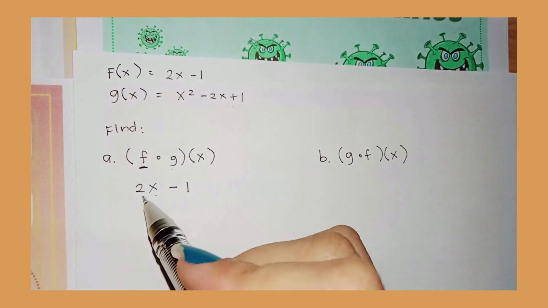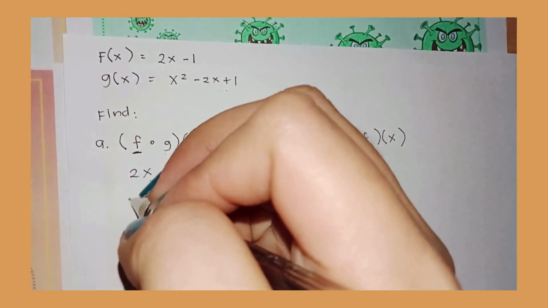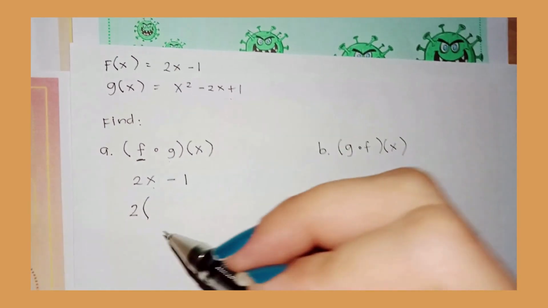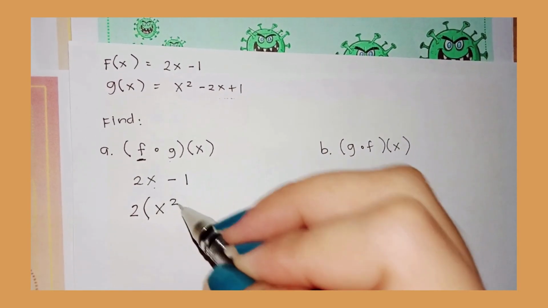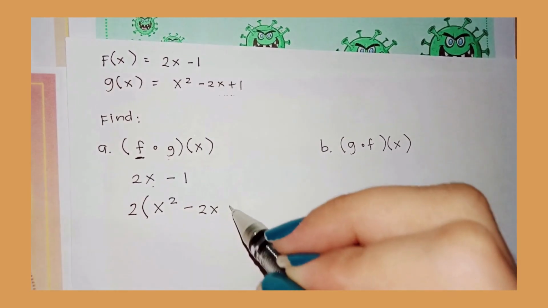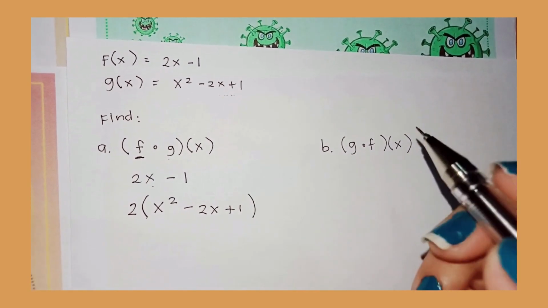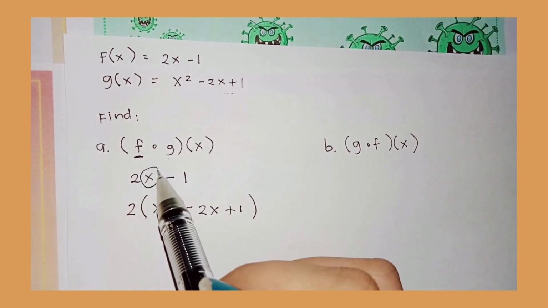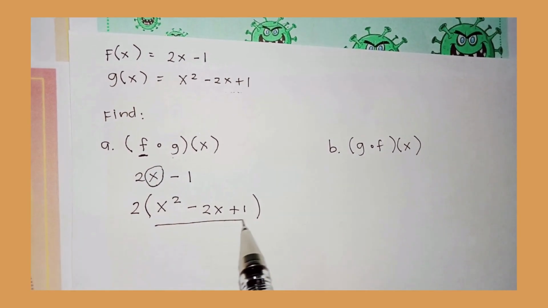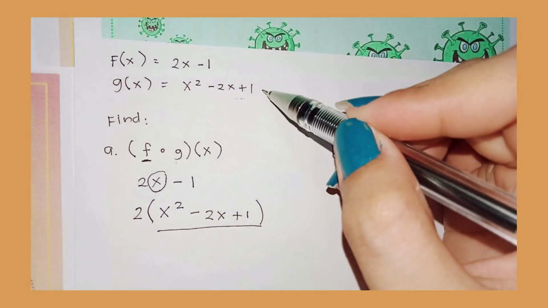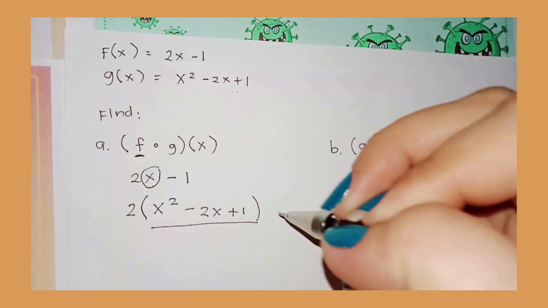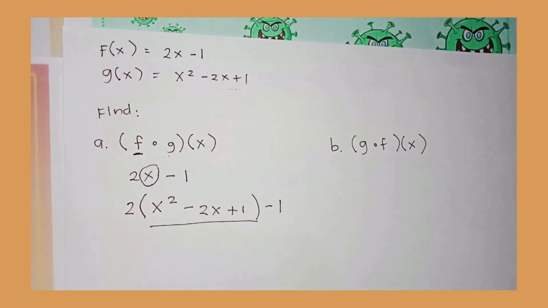So, yung gagawin ko, bring down 2, yung x, papalitan ko siya ng g, x squared negative 2x plus 1. Yung x, naging ganito na siya. Kasi ipinalit ko yung value ni g. Then, meron pa tayong natitirang negative 1.